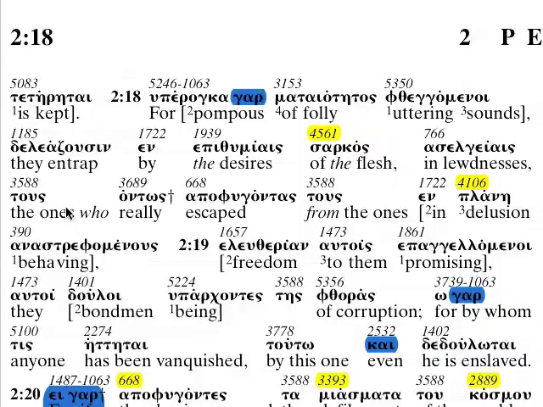So these people are doing these things, but there are those that escaped. Apophygontas, not saved, they escaped from the ones behaving this way.